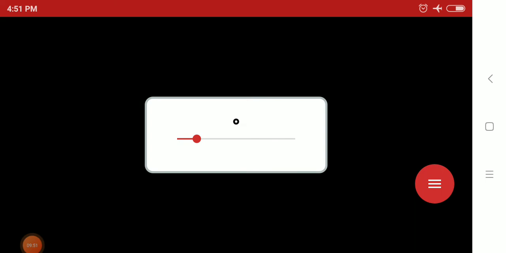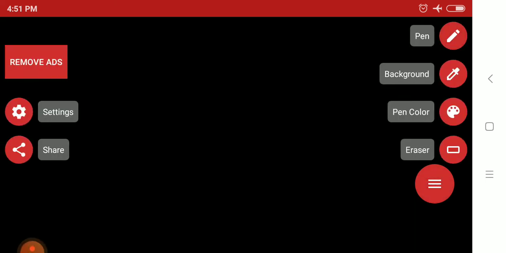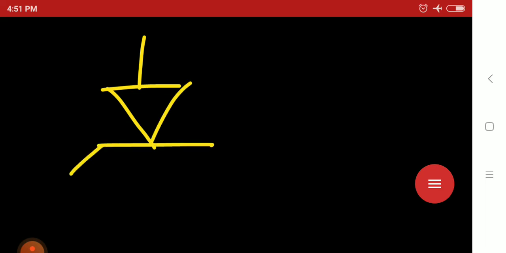What I told you first is that the Zener diode acts in reverse bias. Whenever you draw a Zener diode, this is the P side and this is the N side.